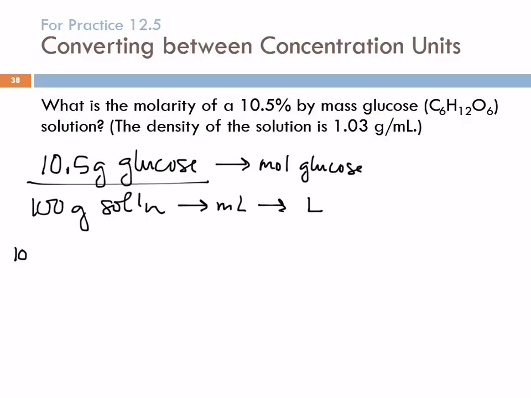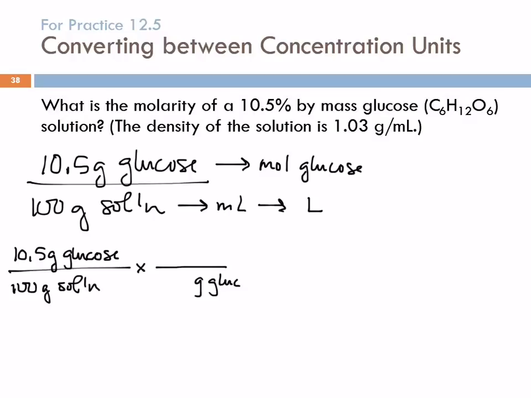So I'm just going to take this 10.5 grams of glucose per 100 grams of solution, and I'm going to convert these one at a time. I like to start with the top. So I need grams of glucose in the bottom and moles of glucose on top. And those units will get taken care of.